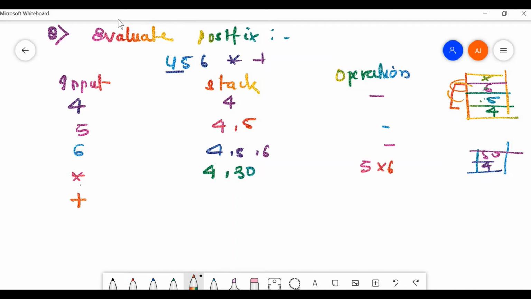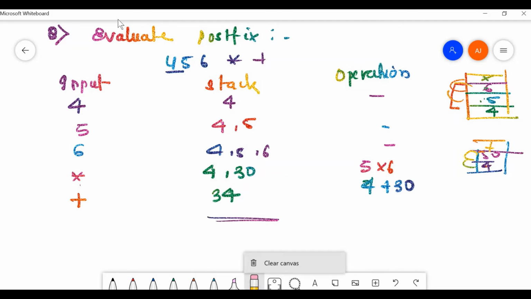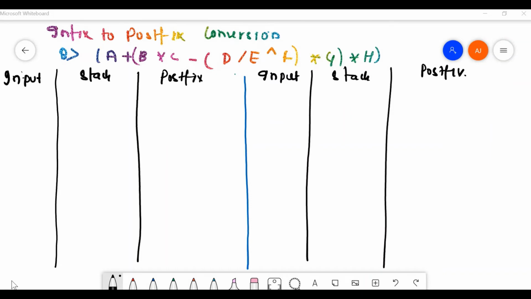Now plus, so we have 30 here and 4 here, and plus is going to add the two elements. The operation is 4 plus 30, which is 34, and the answer is 34.